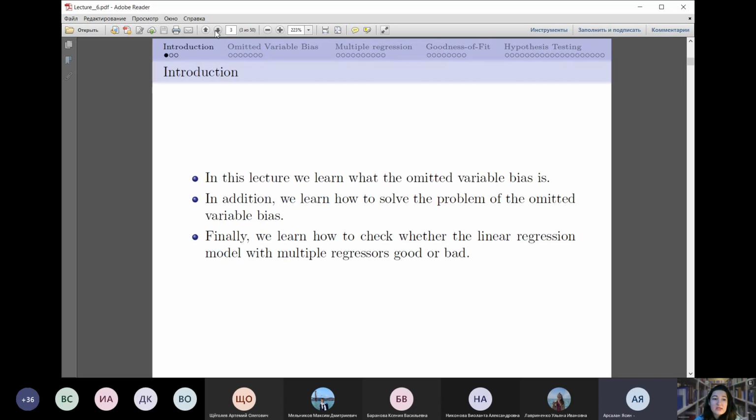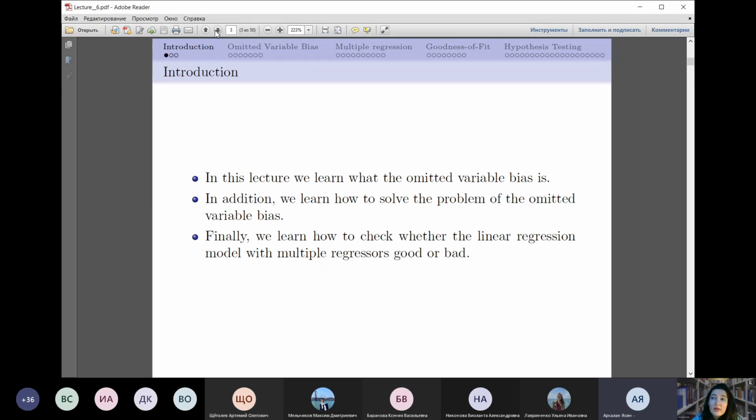And in most cases, in all the multiple regression examples, we will use the basic case where you have only two independent variables, only two explanatory variables.